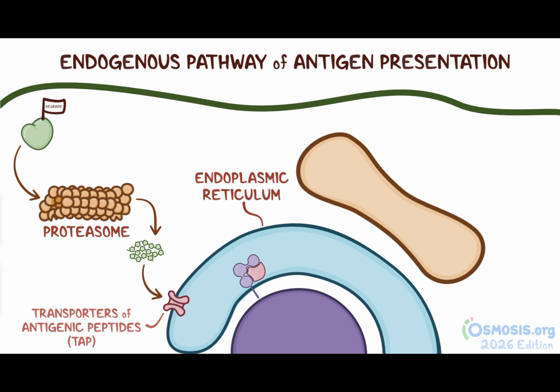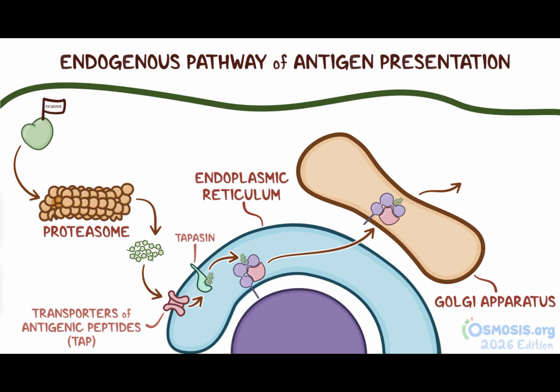Meanwhile, the MHC class I molecule is being made with both the alpha chain and beta-2 microglobulin, also in the endoplasmic reticulum. The TAP proteins load the short peptide chains into the peptide groove of the MHC class I molecule using a molecule called tapasin. The MHC class I and peptide then go from the endoplasmic reticulum through the Golgi apparatus and into an exocytic vesicle bound for the cell surface.